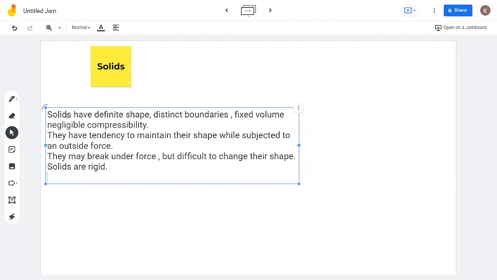So a rubber band changes shape under force but regains its shape. In the liquid state, particles move freely and have greater space between each other as compared to particles in the solid state.